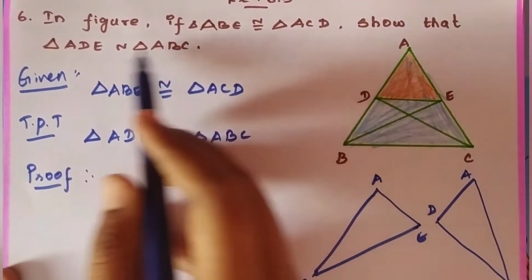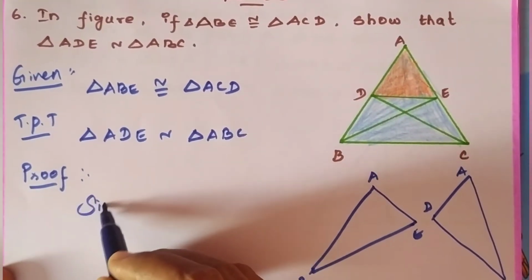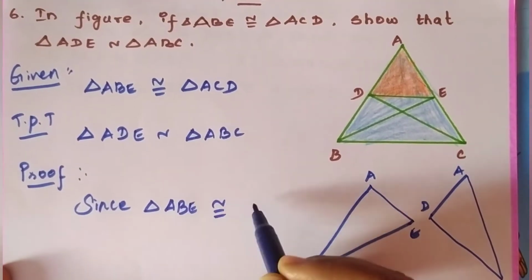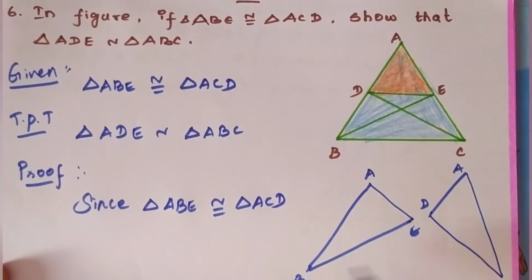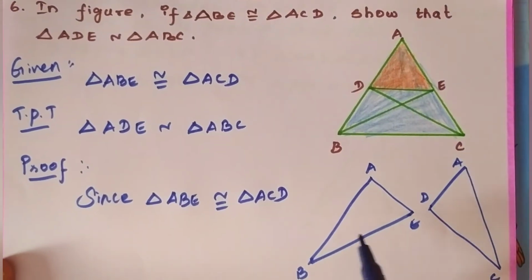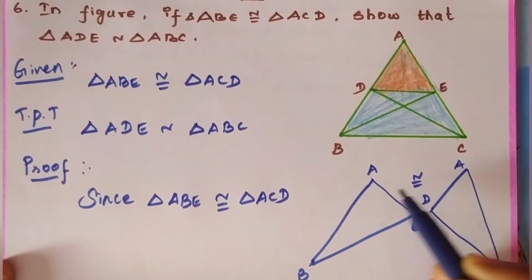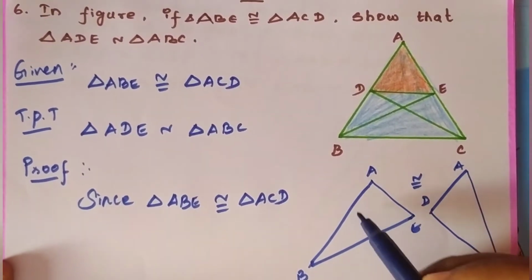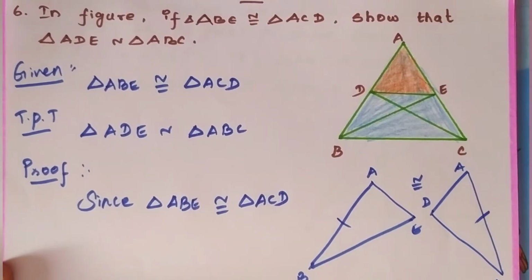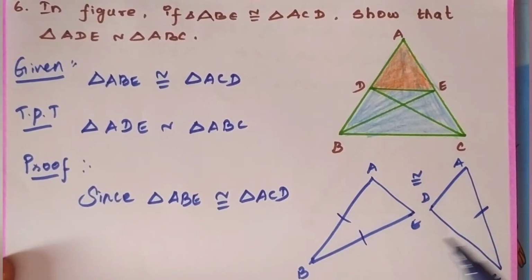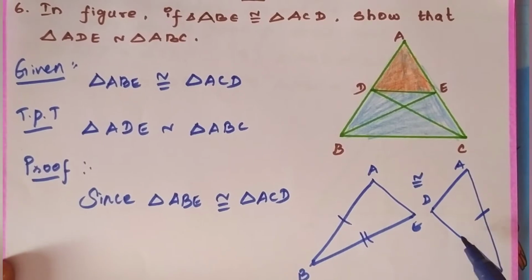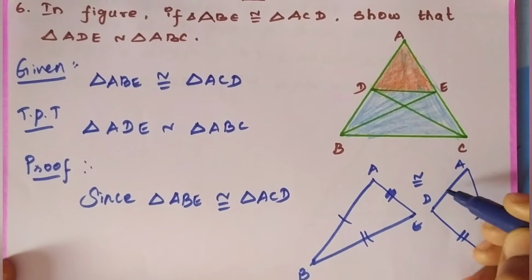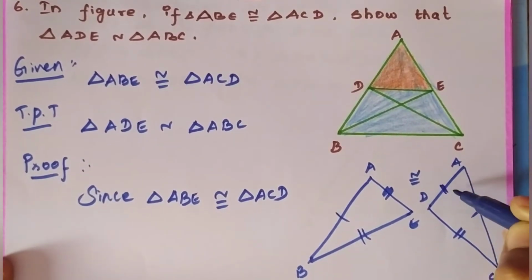Since we have to start from the given, since triangle ABE is congruent to the triangle ACD, the two triangles are congruent. Since the two triangles are congruent, the corresponding sides are equal. So AB is equal to AC, BE is equal to DC and AE is equal to AD.